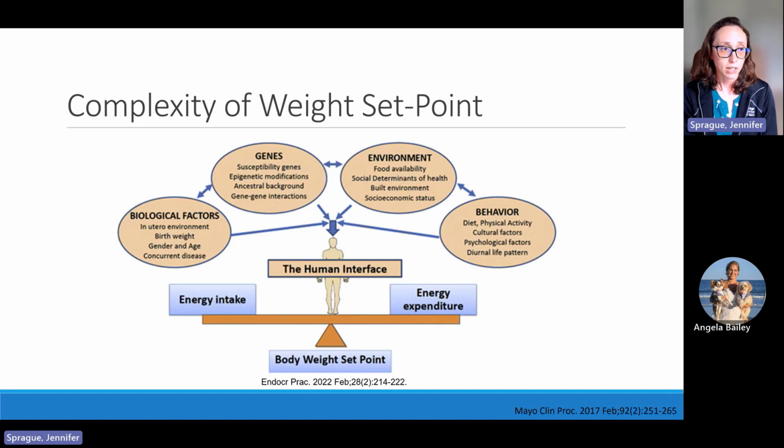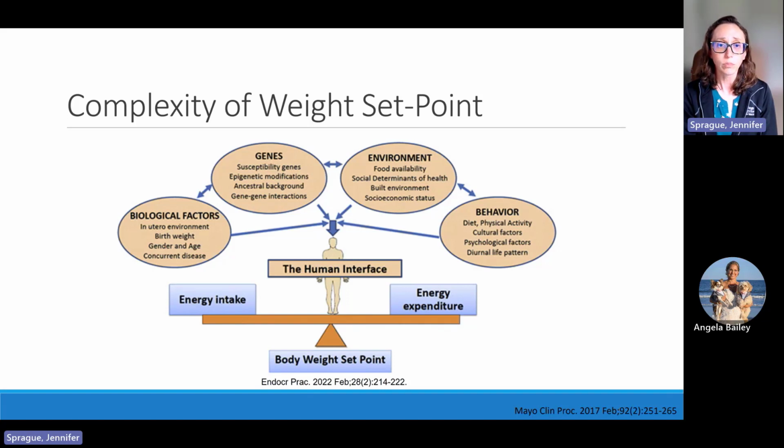There are genetic factors, both in susceptibility genes as well as epigenetic modifications related oftentimes to that in utero environment. Ancestral background and gene-gene interactions can influence obesity risk. Then there are environmental factors like food availability, social determinants of health, built environment.